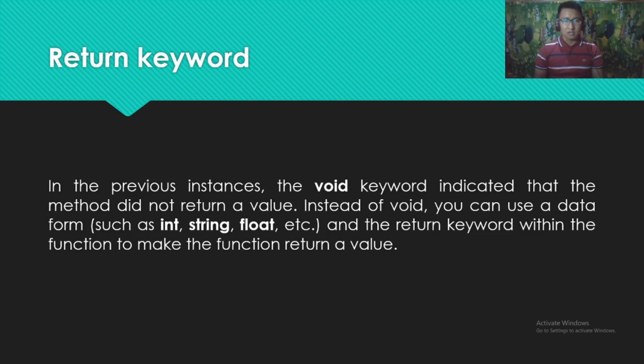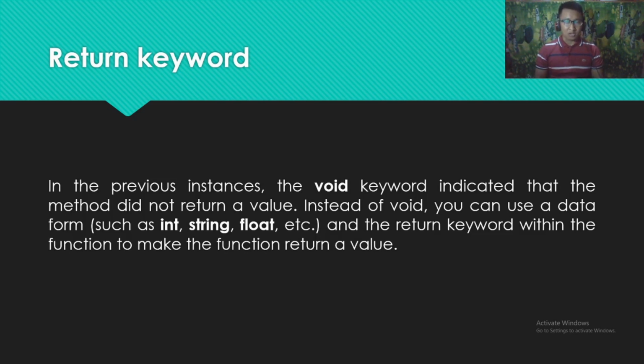Instead of using void, we are going to use data types, which are int or integer, string, float, double, and so on, and the return keyword within the function to make the function return a value.